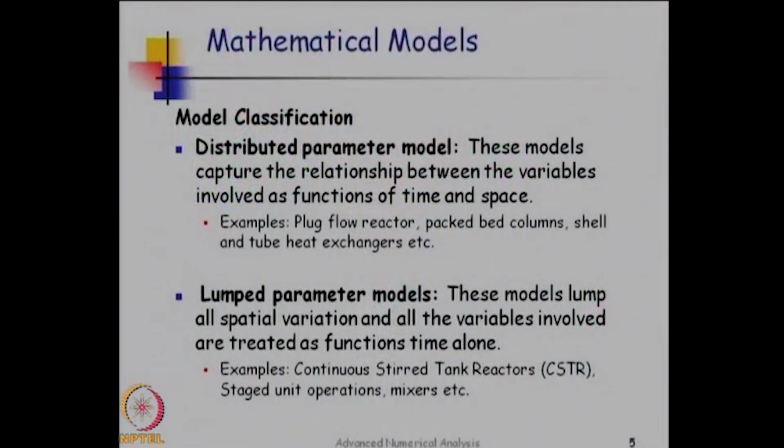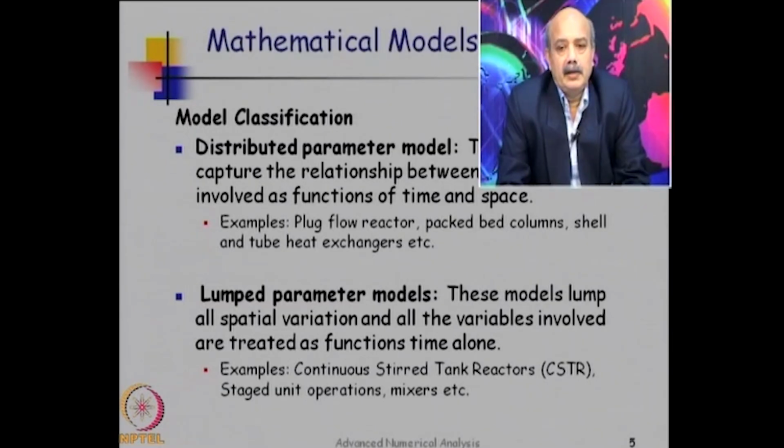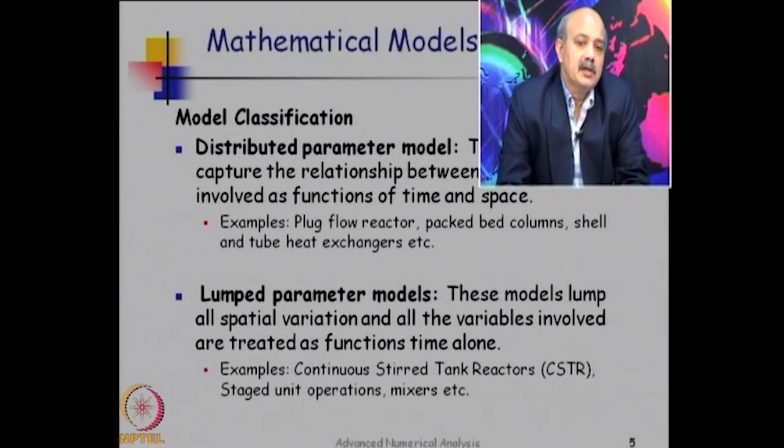So one class of models that we are going to encounter in this course are distributed parameter models. The other class of models which we very often study in chemical engineering are lumped parameter models. For example, stirred tank reactors or many stage unit operations, mixers. These are models ignoring spatial variation, and if necessary we only consider variation in time alone.